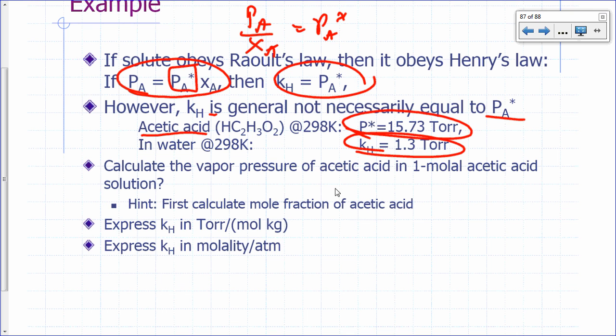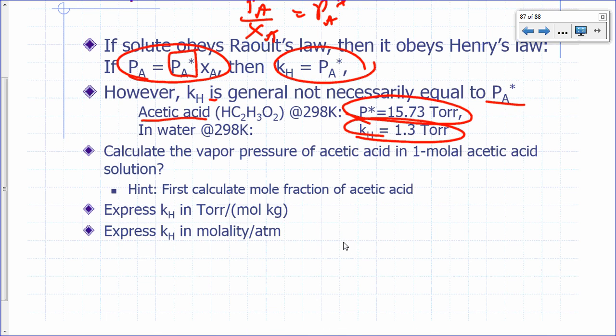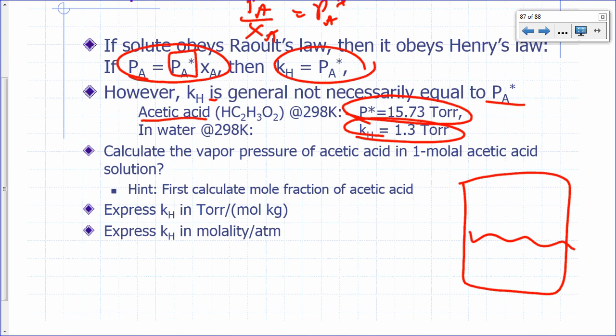Now, what would be the vapor pressure of acetic acid in a 1 molar acetic acid solution? So let's say you have a solution of acetic acid in water, and the concentration is 1 mole per kilogram. What's the partial pressure of acetic acid here?